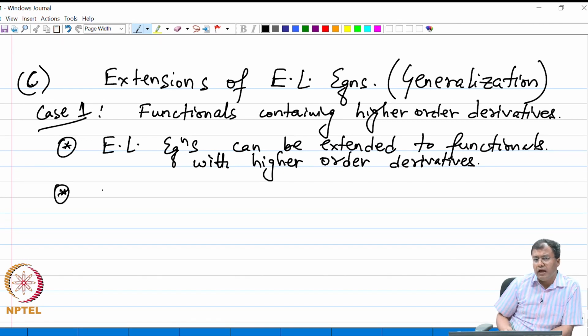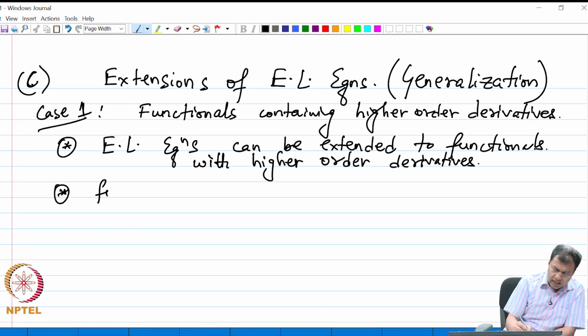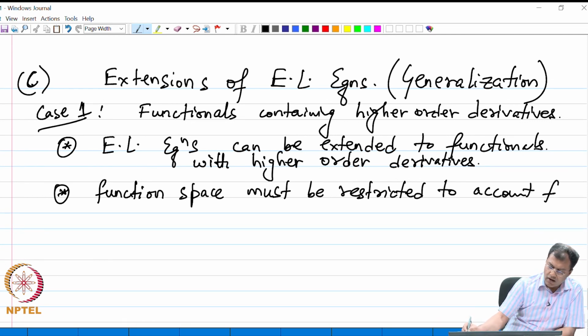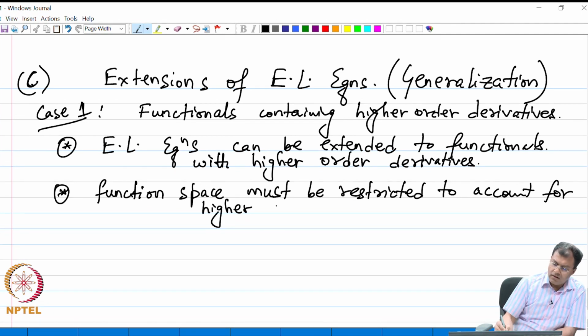So, instead of searching for our extremal in C2 of x0 x1, we have to look at C3 or C4 and so on and so forth. So, our function space from which the extremal comes out must be restricted to account for higher order derivatives.